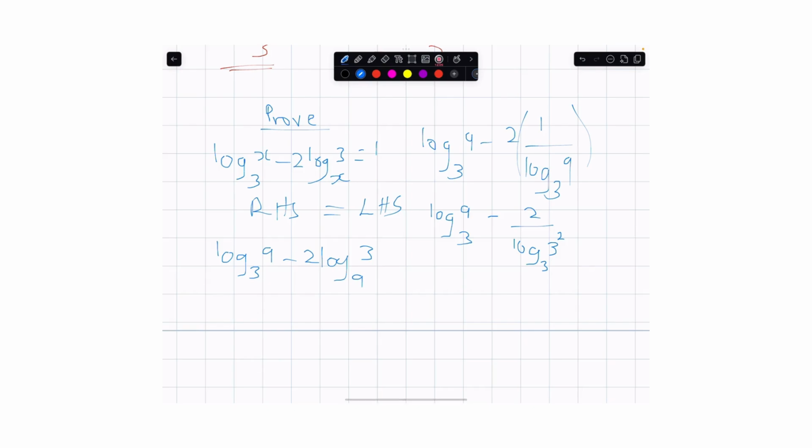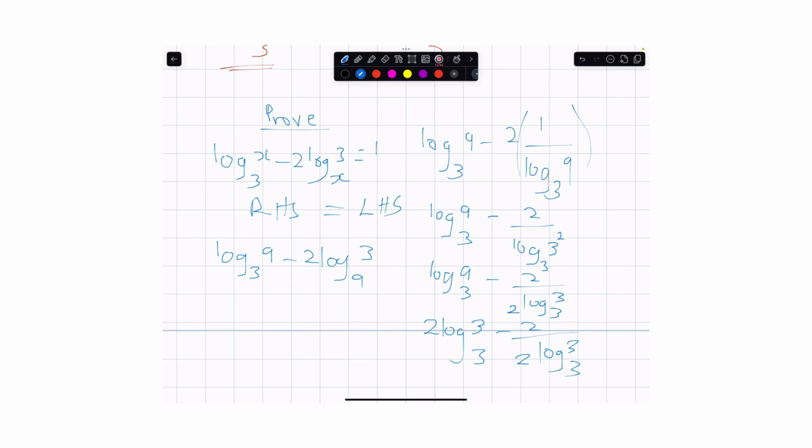So it means this is log of 9 base 3 minus 2 over 2 log of 3 base 3. But log 9 base 3 is similar to 2 log of 3 base 3, minus 2 over 2 log 3 base 3.